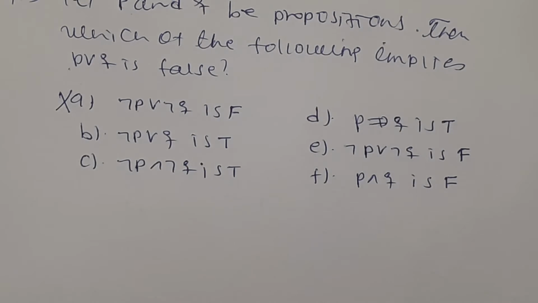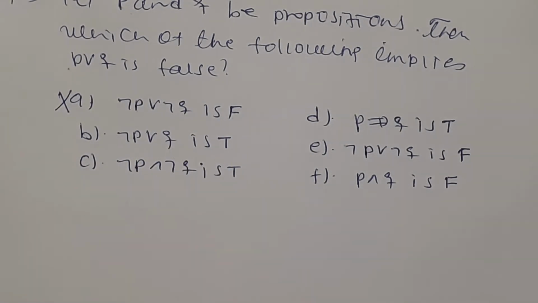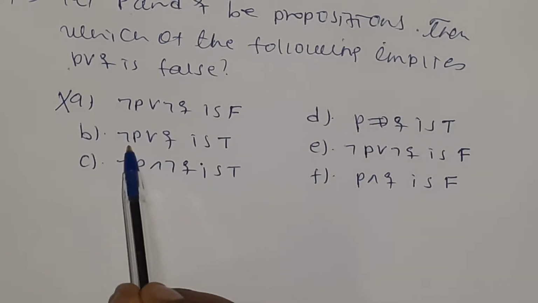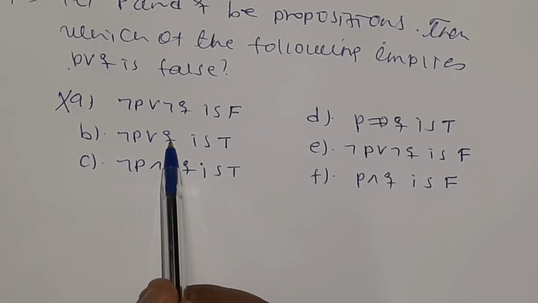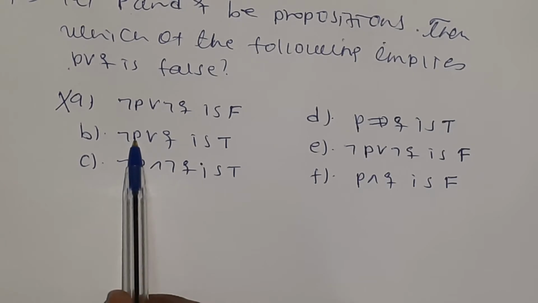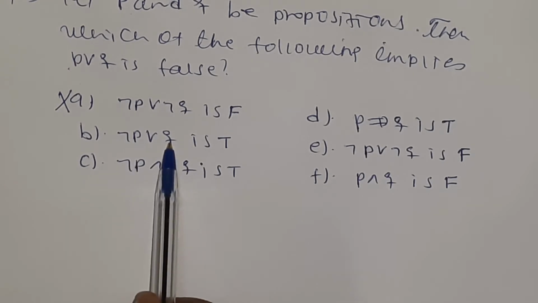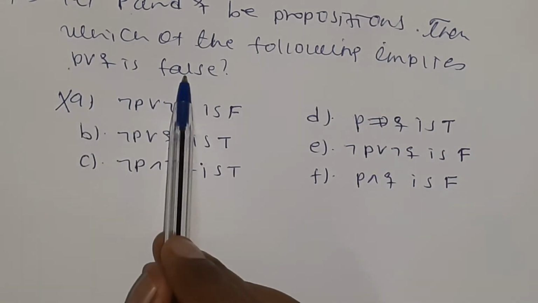so that it is X. The next one is negation of P or Q is true. That means for this to be true, both negation of P and Q must be true at the same time. That means P is false and Q is true, so that this doesn't imply P or Q is false.